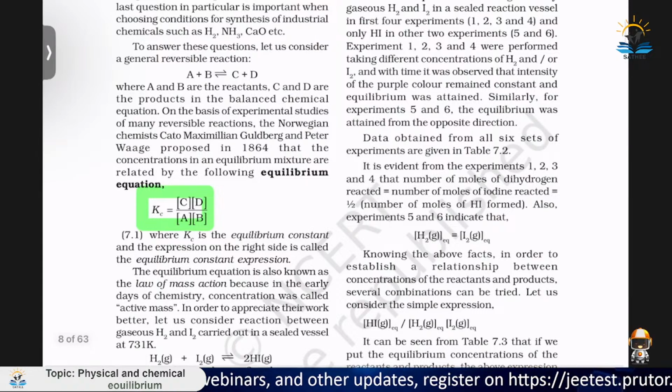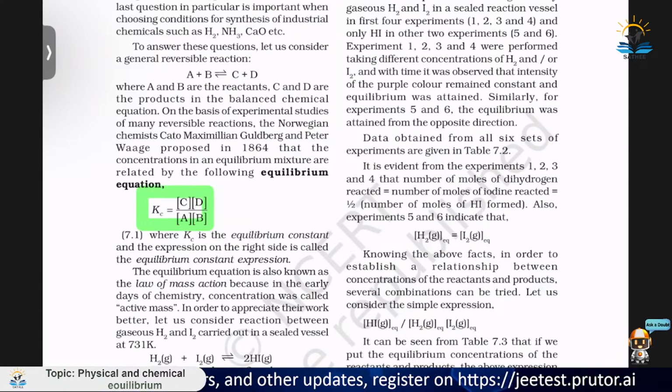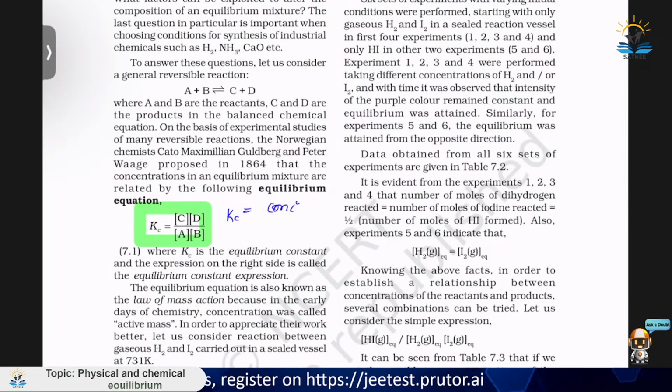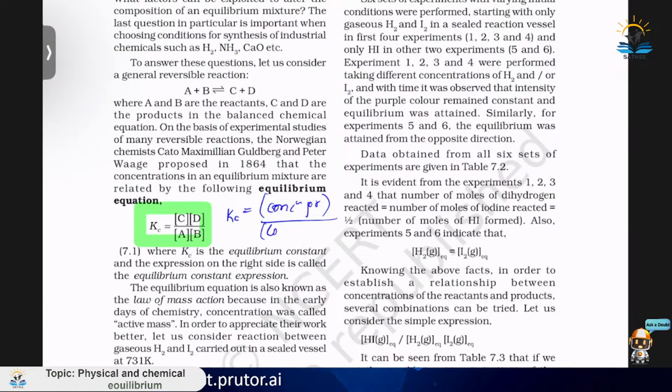If you define concentration as a parameter of equilibrium, the equilibrium constant will be the concentration of products multiplied together, divided by the multiplication of the concentration of reactants.